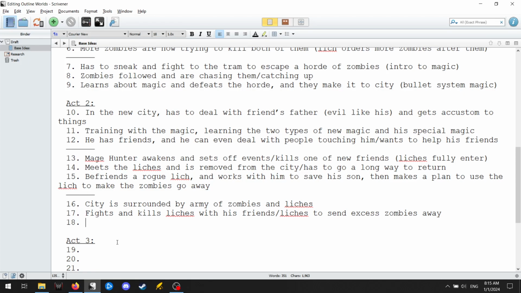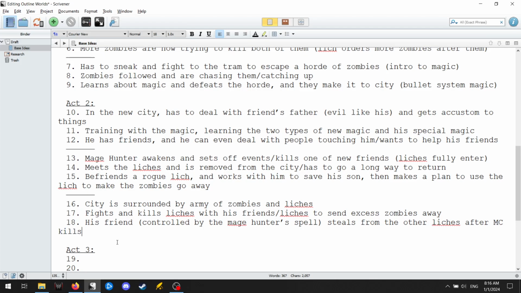During the fight, his friend, who is technically still controlled by the Mage Hunter's spell, steals power from the other liches after MC kills them, and he becomes super bad guy.